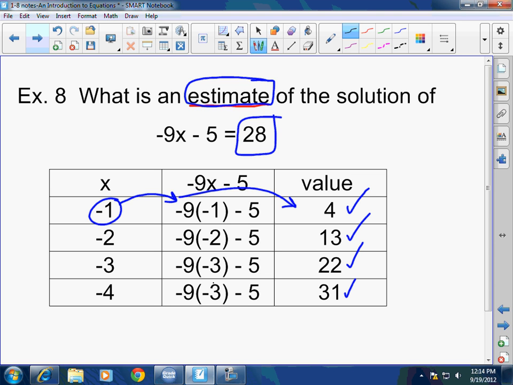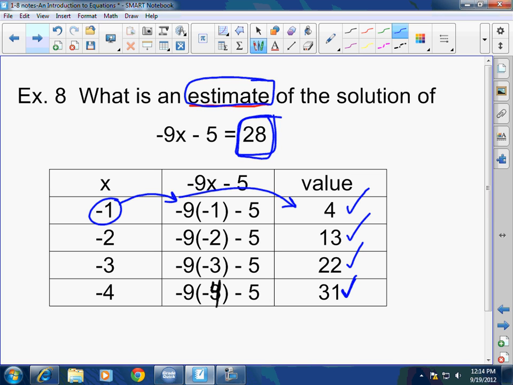Thank you. Okay, I made a mistake. Now, how about we answer the question? What is the estimate of the solution? Yes, sir. No, it's not negative 4. We just went over that. When x is negative 4, it equals positive 31, not 28.